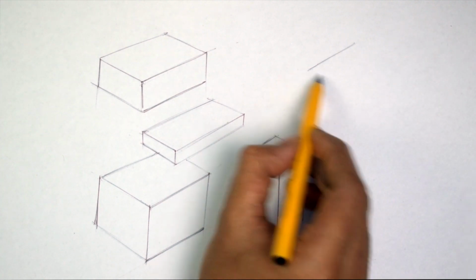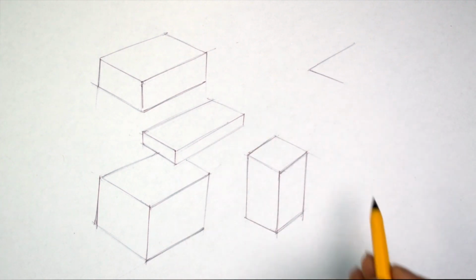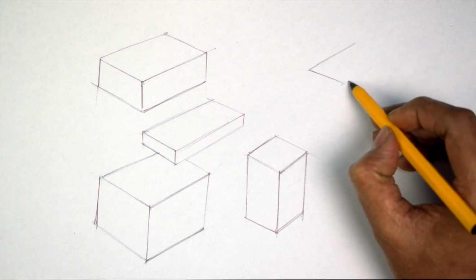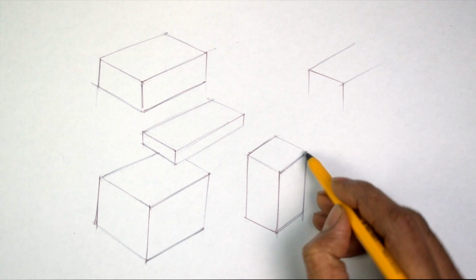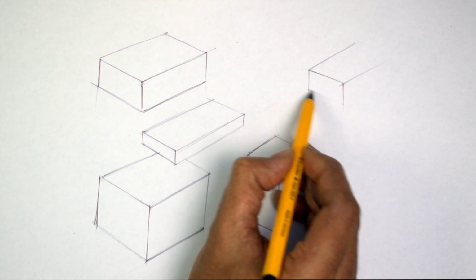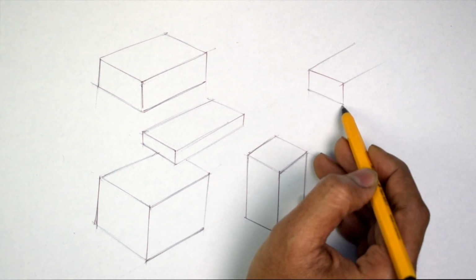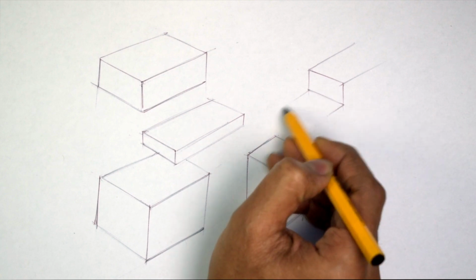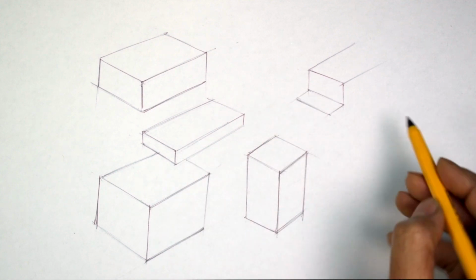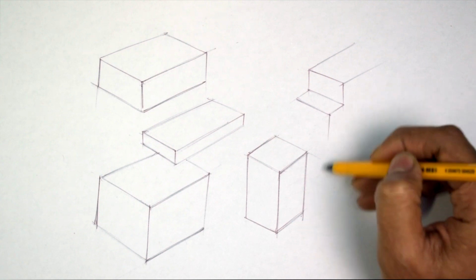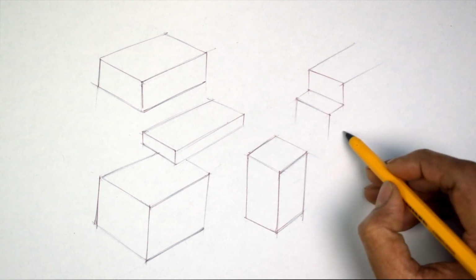For the basic blocks, in this case I start with the top part, and now I'm just adding the height. Now you can see I added one more line here. So if you want to make a truck or something, you can create it from this kind of shape.